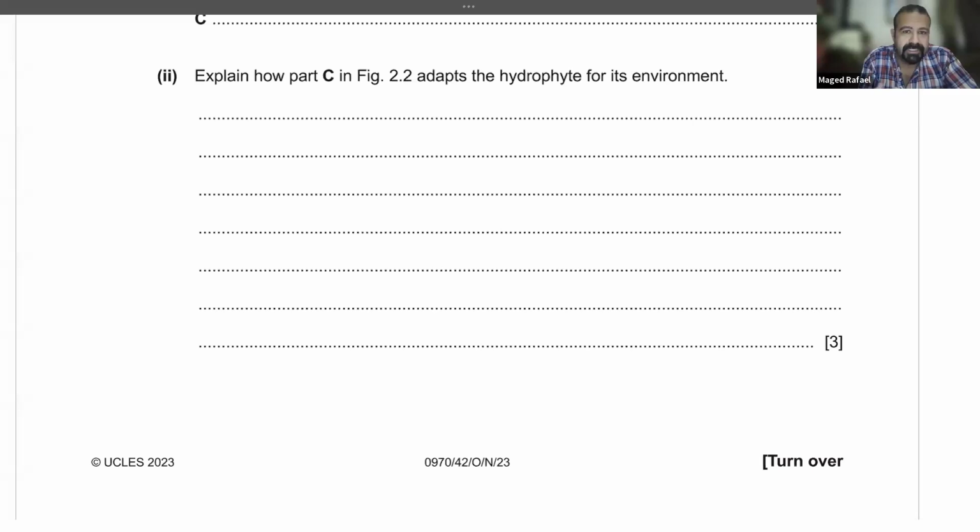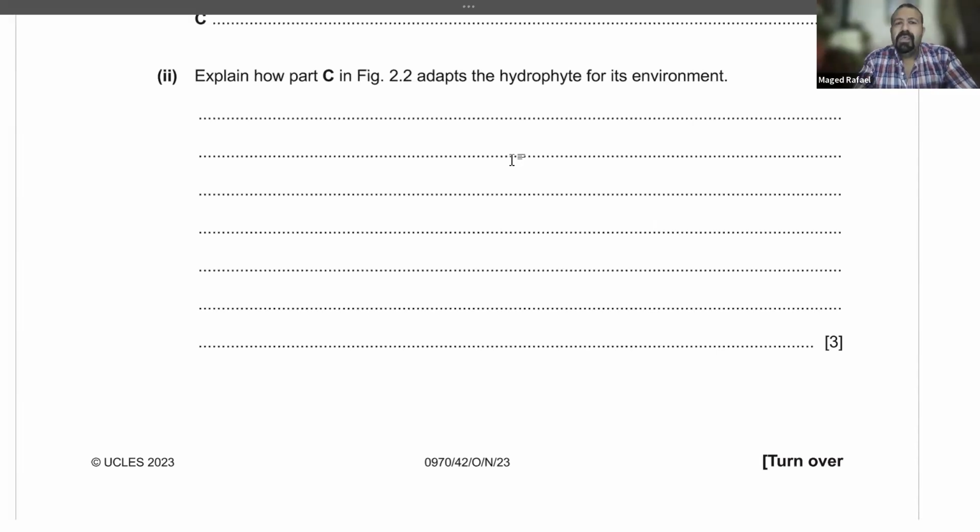For Khalaf, this is the 3 marks answer, because he's talking about how the large air spaces, and please write air spaces instead of holes, Khalaf, air spaces is the scientific term, reduce the density, and it helps in floating in order to carry out the photosynthesis process, adding more surface area for gas exchange, and this will help in photosynthesis.